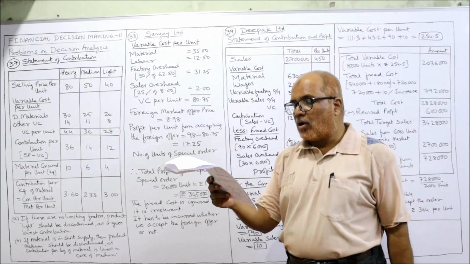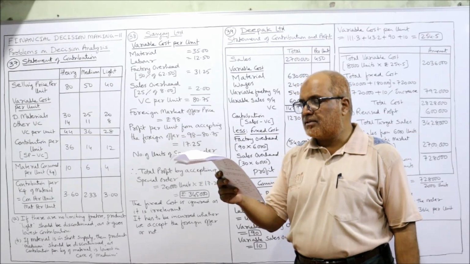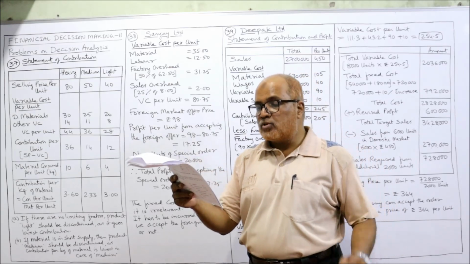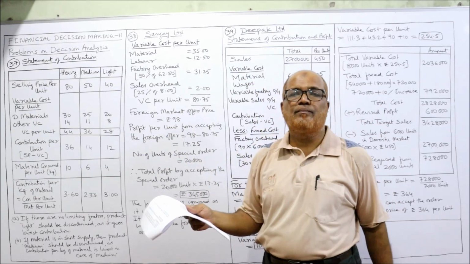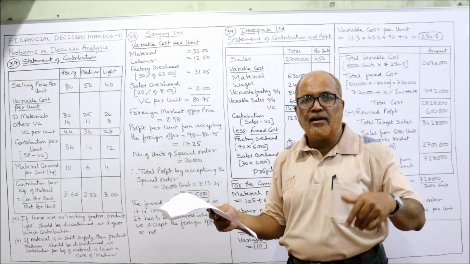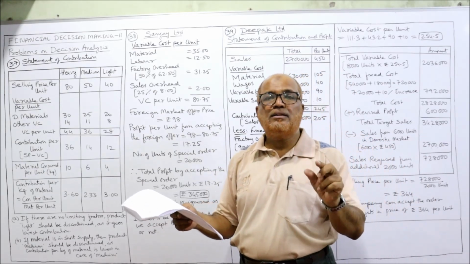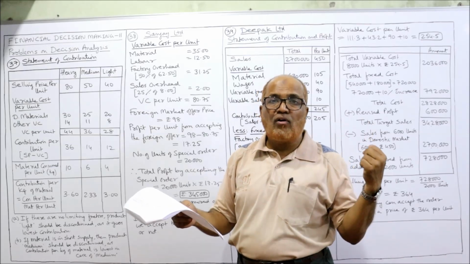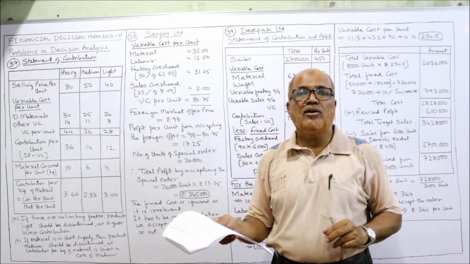It receives an order to supply 20,000 units of the product at rupees 98 per unit, which will be sold in the foreign market. That means a special order. A special order from a foreign country has been received for 20,000 units and they want to purchase at a price of 98 rupees.